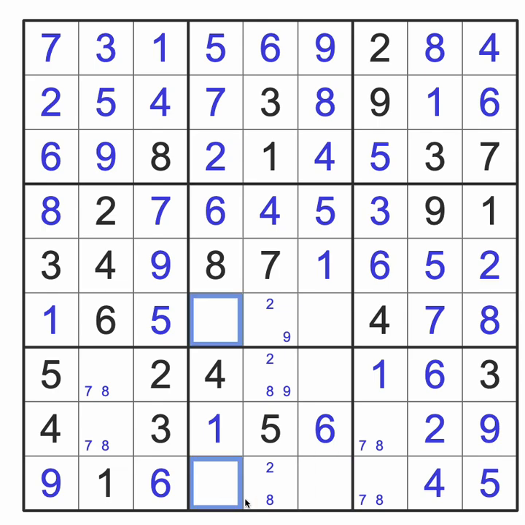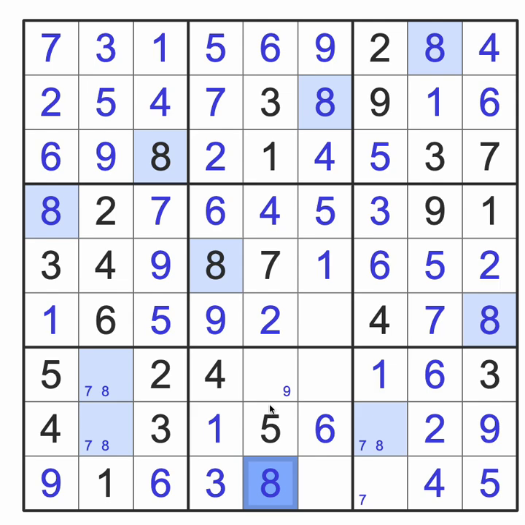This one I can. There's a double of 3 and 9. 9 is here, makes this a 3, and this is 9. Now I know this is 2, makes this one 8, makes this one 9.